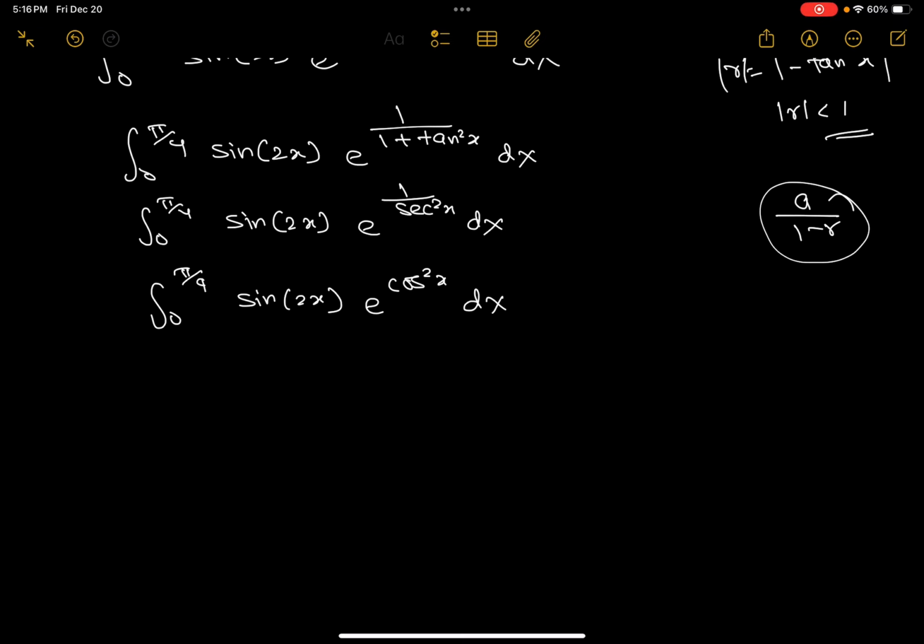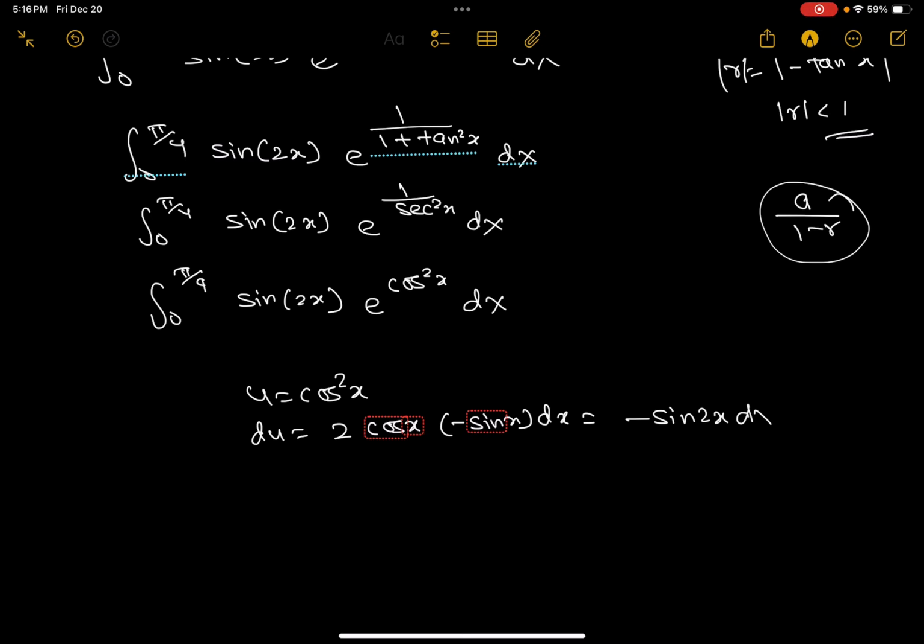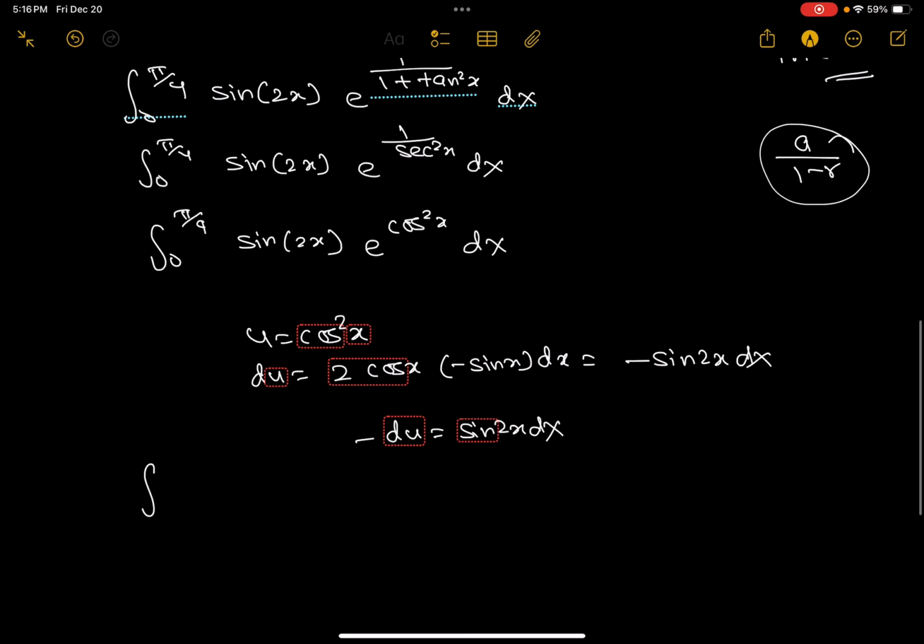Now if you make a substitution that u is cos square x, you see that du is just 2 cos x times minus sine x dx, and this is just minus sine 2x dx. So negative du is just sine 2x dx, right? Using this, cos square of 0 is 1, cos square pi by 4 is just 1 by 2, and then sine 2x dx is just negative du, and this is e to the power u.